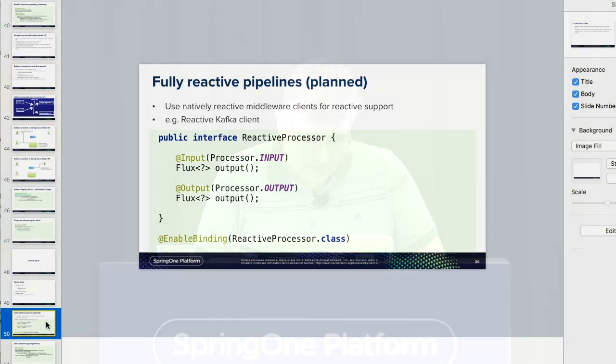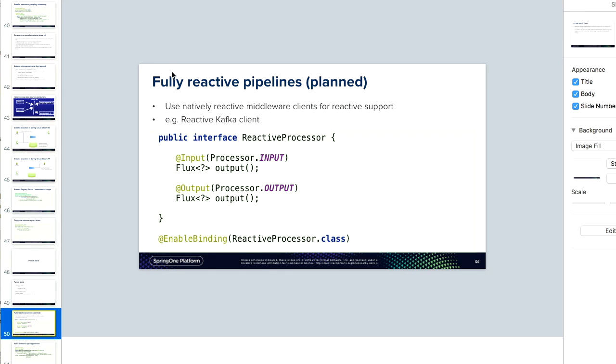As I hinted in my slide, we would have something like a reactive processor, with the same input and output mappings for the properties. What differentiates it from the other processor is that instead of a channel, it would have a pure reactive Flux.